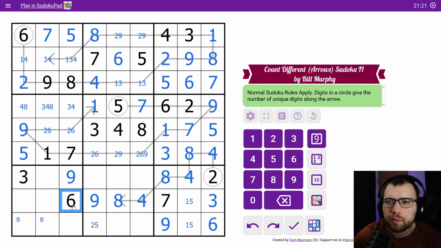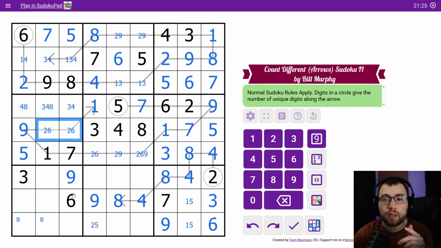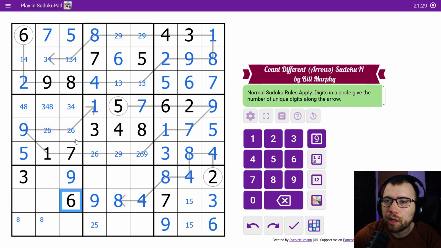No, wait, the 6 has been here the whole time. Oh, when I put... Okay, you guys were probably screaming at me. This is the kind of stuff that is embarrassing. It takes me forever to see. I need to make sure that every once in a while in these puzzles, I go back and I look at my pencil markings. It's going to be a 1, 4 down here.